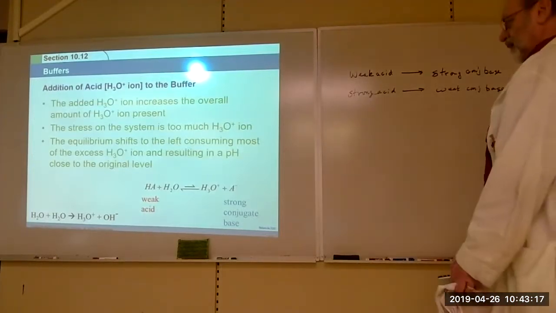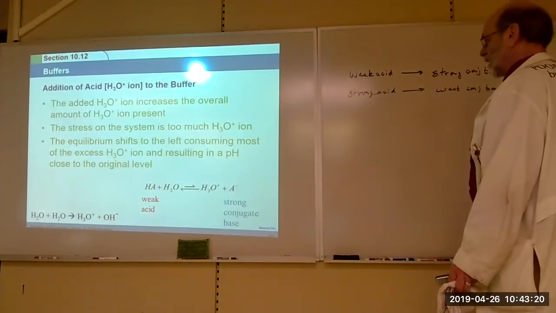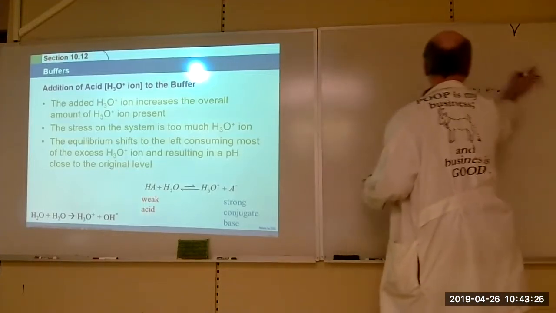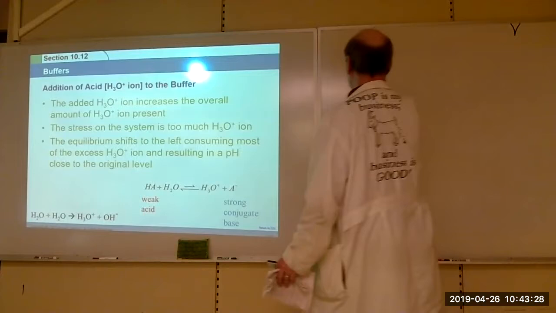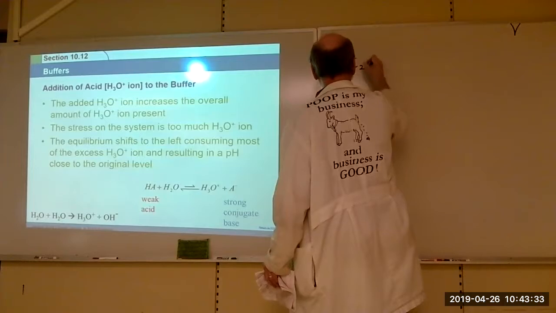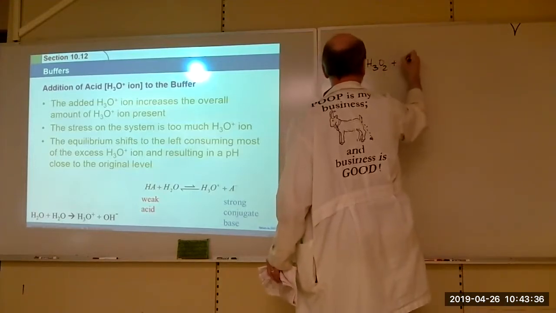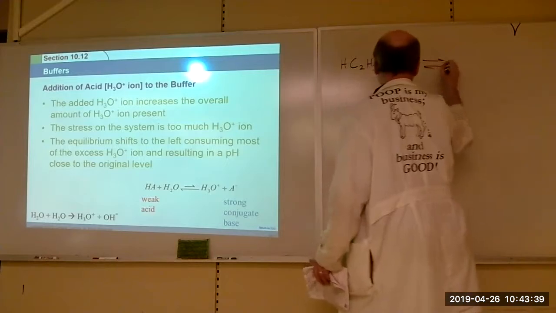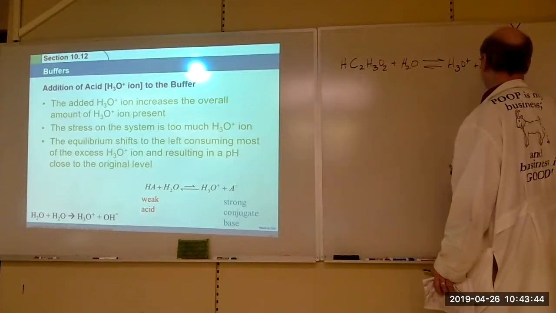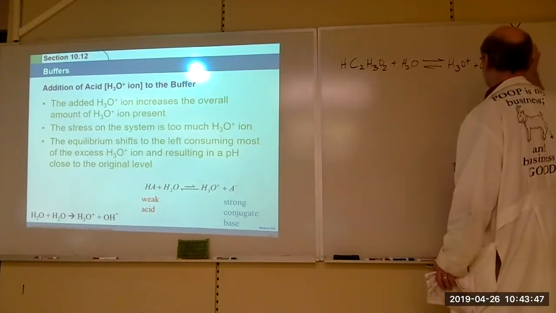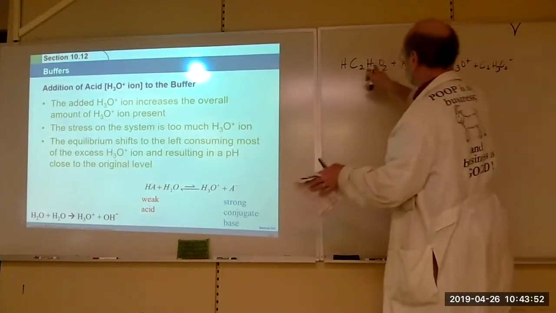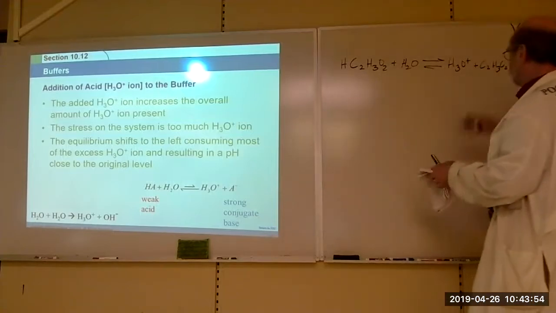So what happens? Well, let's use a real example. Let's say we make our buffer from acetic acid, and it makes this one and this one. Now we have this solution where we've got mostly this, but a little bit of that.